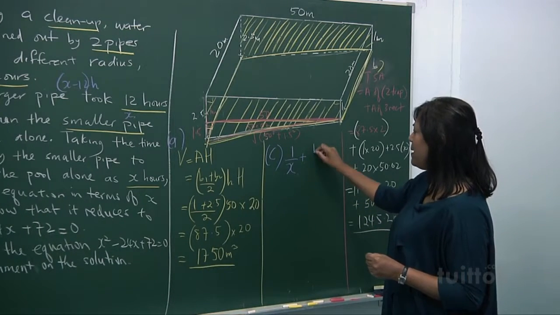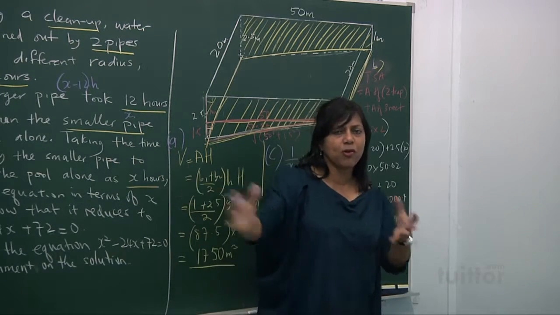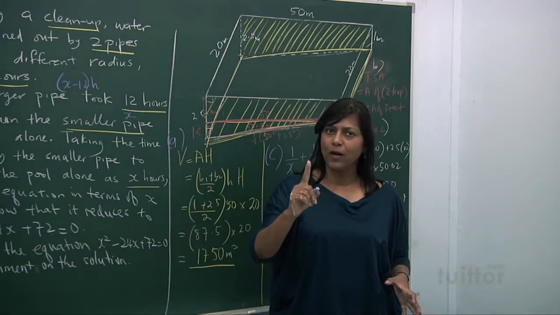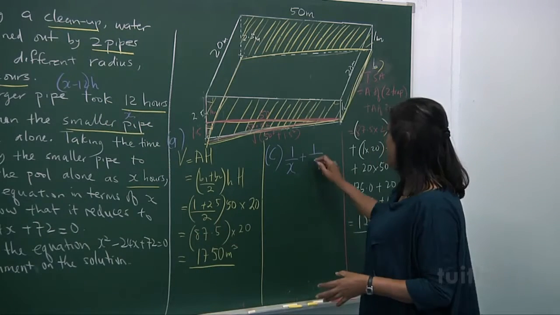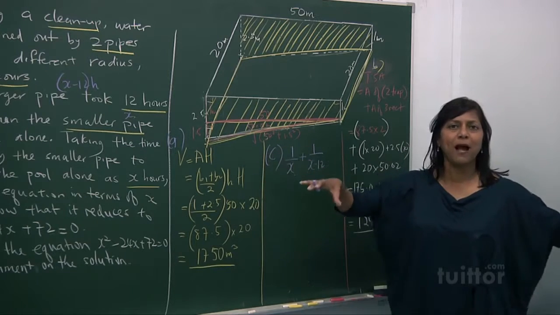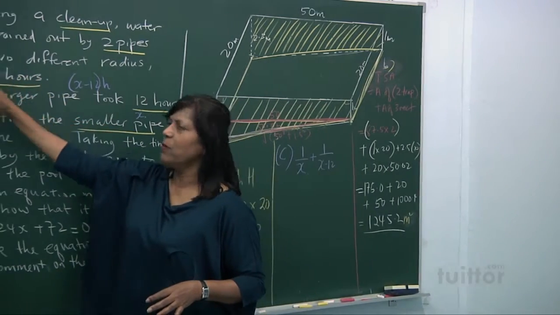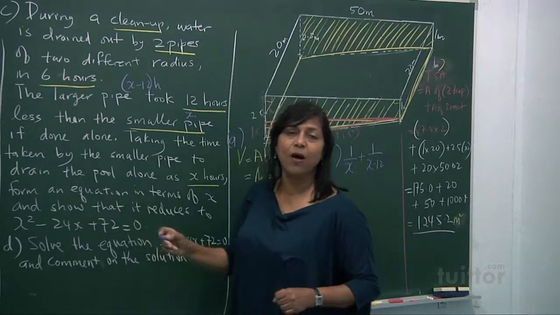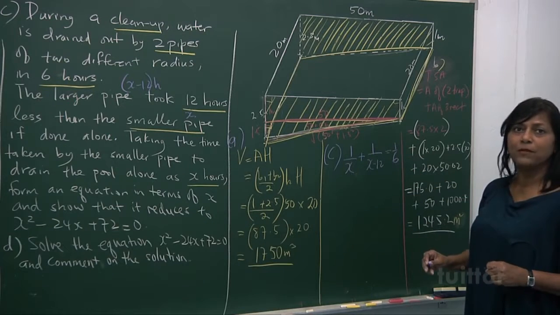The large pipe, if it takes x minus 12 hours to drain the whole pool by itself, in 1 hour does 1 over x minus 12. Together they drain the whole tank in 6 hours, so in 1 hour, 1/6 of the swimming pool is drained. This is the most important part.